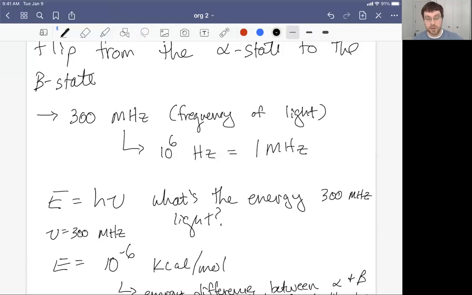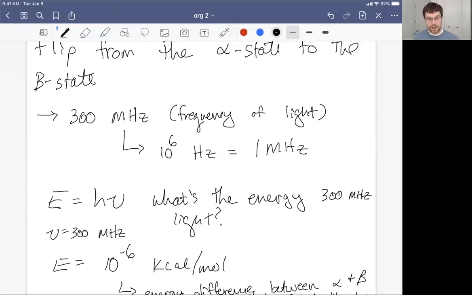So for one particular nucleus, we can just do this quick math. The numbers might be cumbersome to work with, so I'll just do the math for you. But recognizing that 300 megahertz is a frequency of light, we see that we get different alpha and beta states. Later on, I'll talk about how if you change the magnet, you'll change the frequency required for absorption for a particular nucleus.